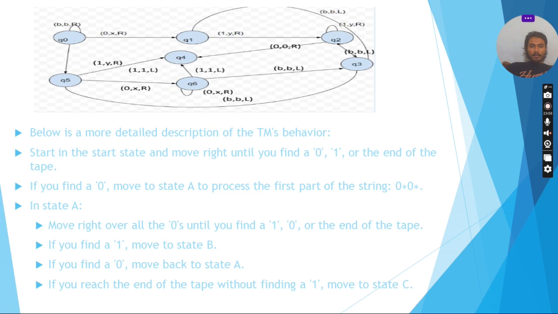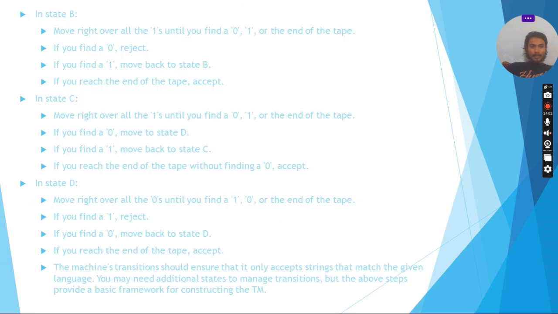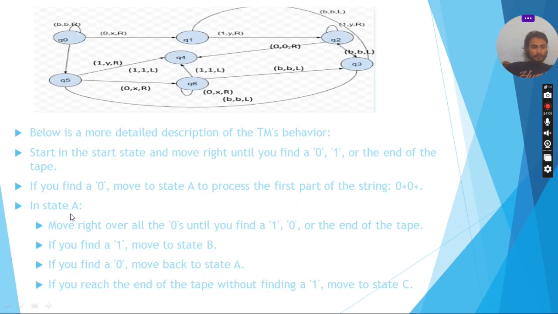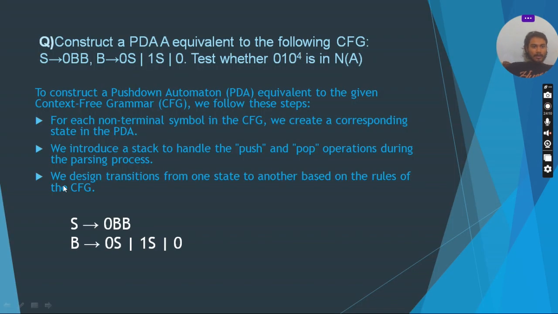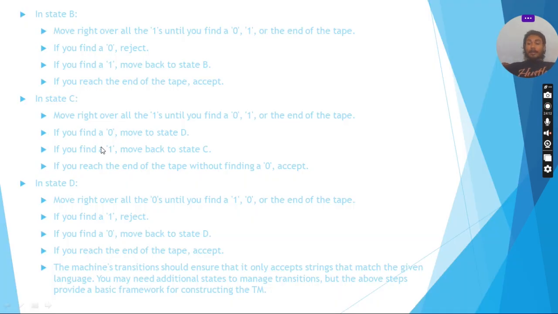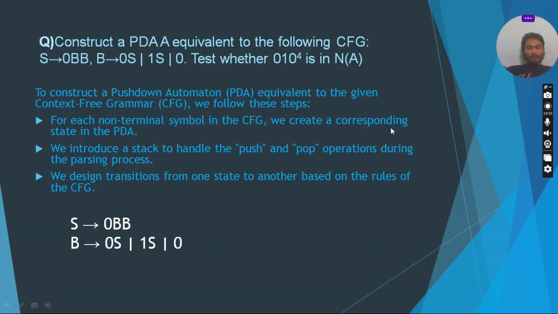It is very clear to understand. We go to the next slide. There are several states which you will need to understand: state A, B, C, D. You will understand it very quickly because it's not a tough thing. I'm moving forward because I have to finish this as soon as possible.